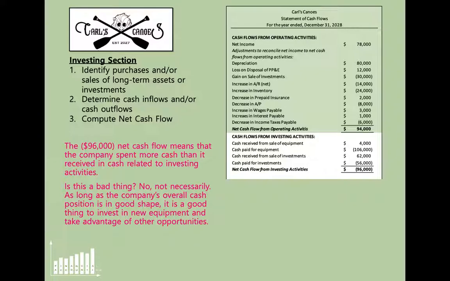And so, the $96,000 negative net cash flow means that the company spent more cash than it received in cash relating to investing activities. Is this a bad thing? Well, not necessarily. As long as the company's overall cash position is in good shape, it is a good thing to invest in new equipment and take advantage of other opportunities.